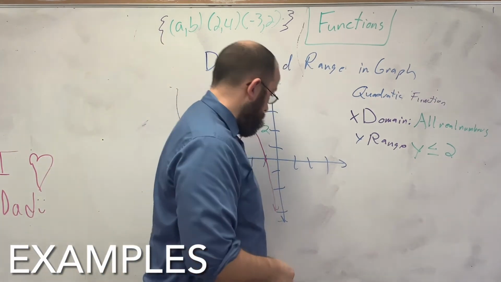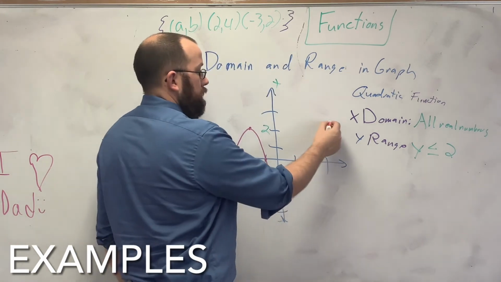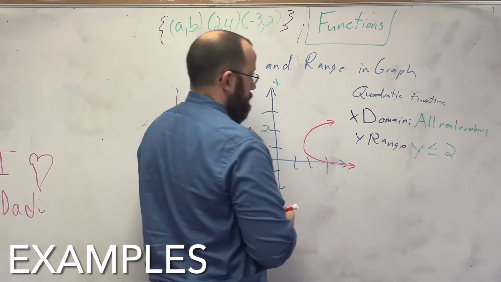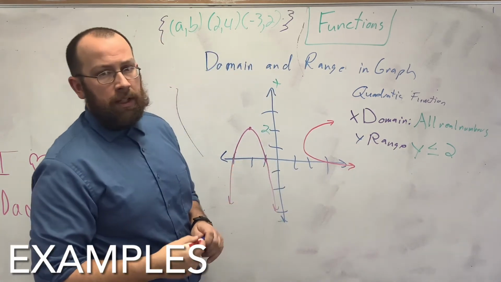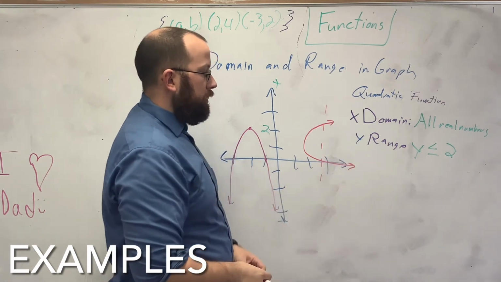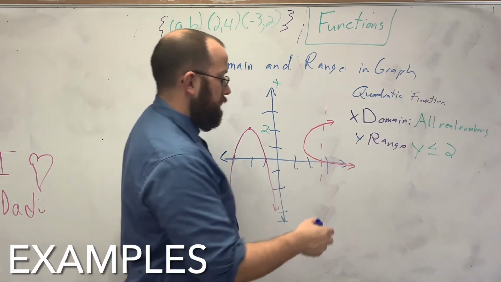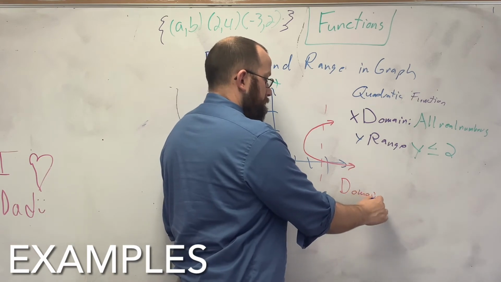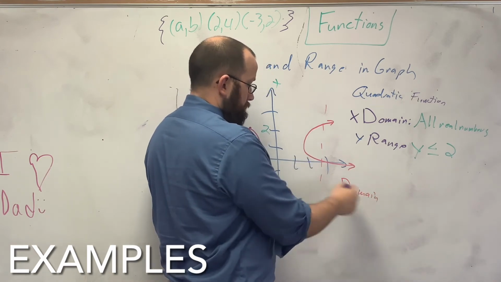All right, now I'm going to show you one more while I'm here. This is not a function because of the vertical line test, but you can give the domain and range if you want. If they ask you for the domain and range of this for some reason, the domain here stops right here at 2.